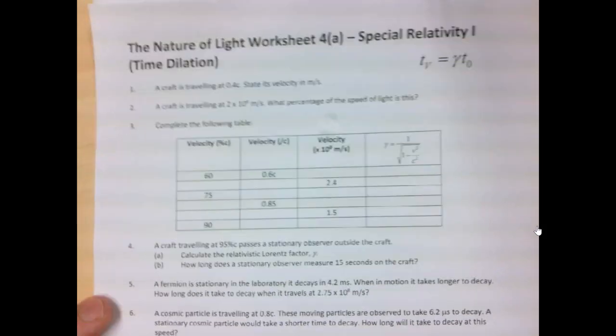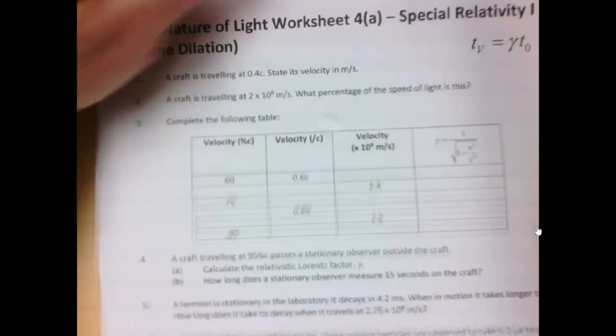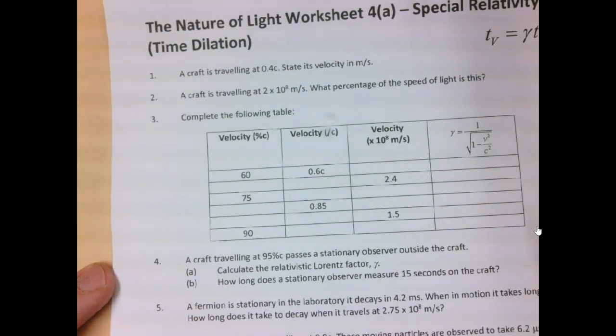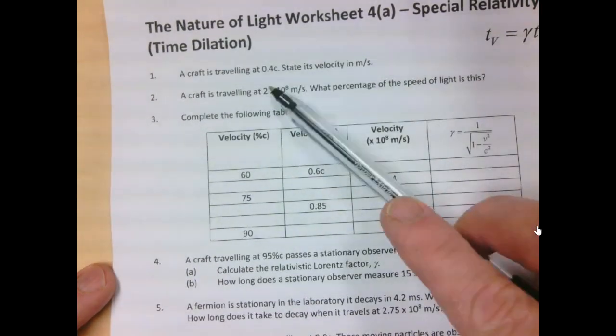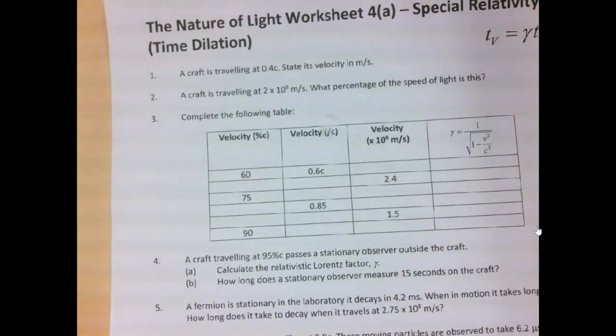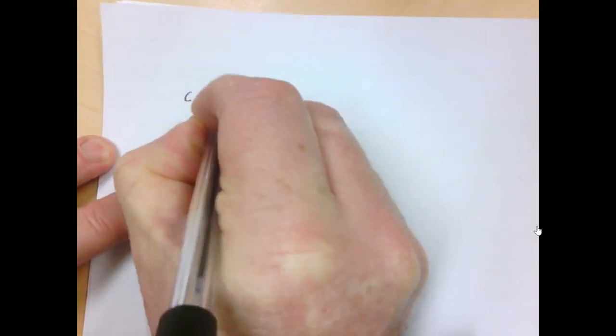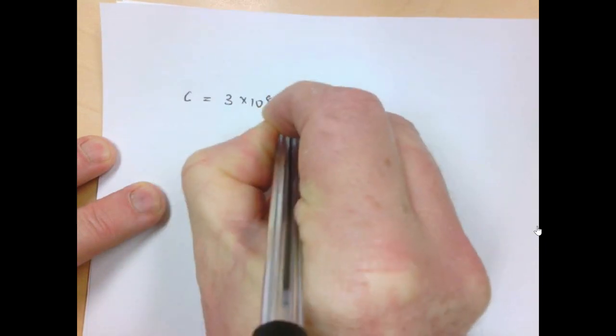So the first question is: a craft is traveling at 0.4 c. That's 40% of the speed of light, and we need to state its velocity in meters per second. We know that the speed of light, c, is equal to 3 × 10^8 meters per second.